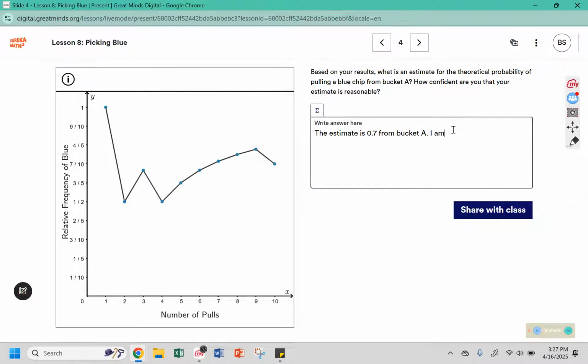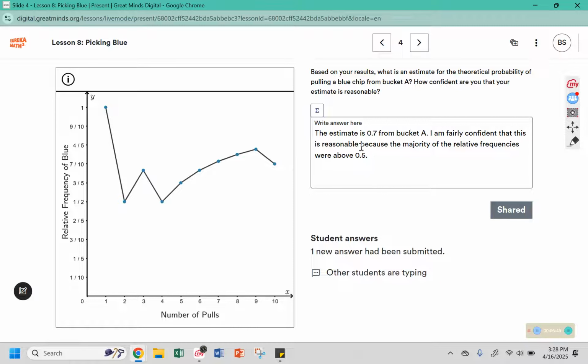I am fairly confident that this is reasonable because 1, 2, 3, 4, 5, 6, 7, 8 of my relative frequencies were above 0.5.